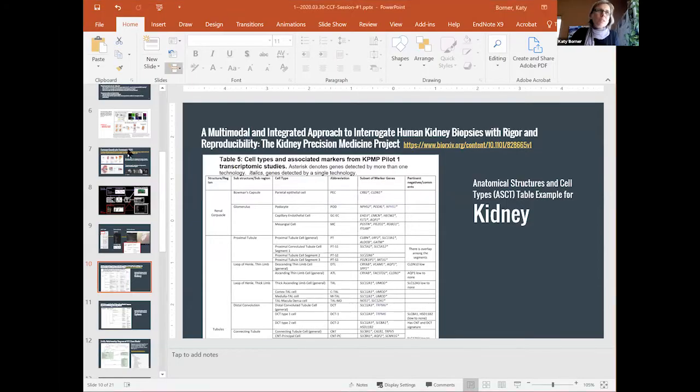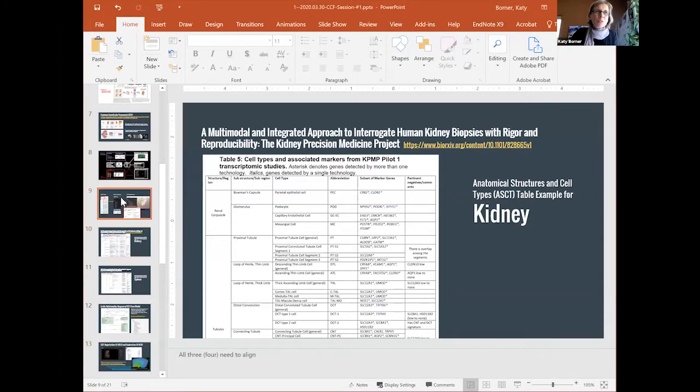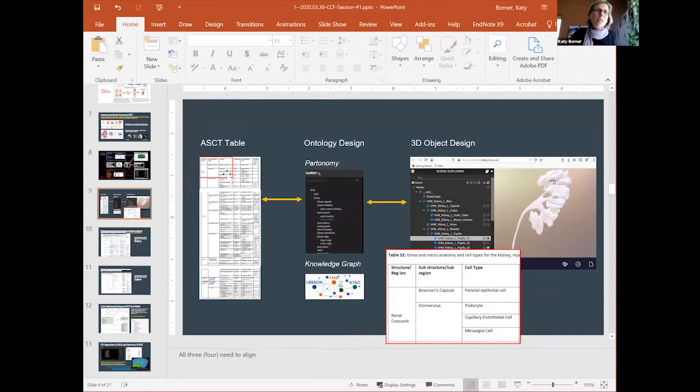As you saw in the 2 slides I presented, there is a deep need to take these anatomical structures, cell types, tables, and use them for ontology design, which is used in our exploration user interface to just semantically filter out and zoom into certain subparts of the body, but also to then cross-link to existing ontologies, but then also needed for the 3D object design.